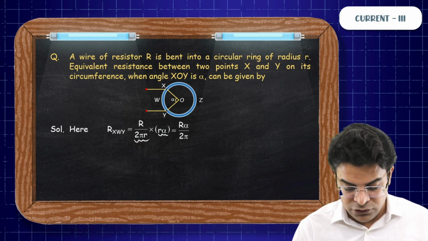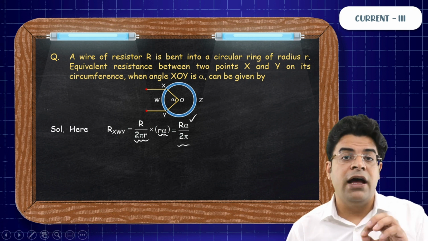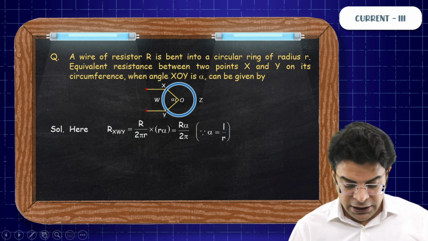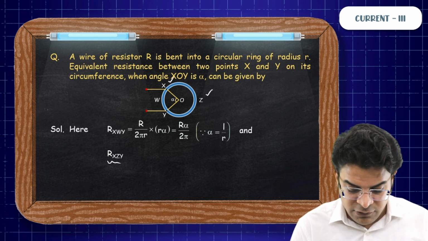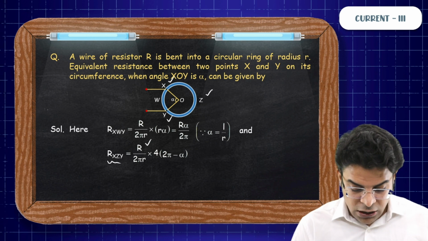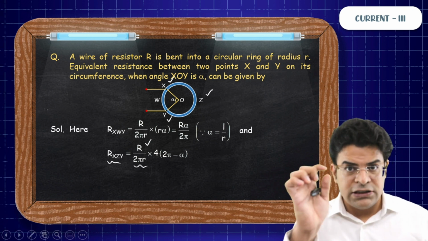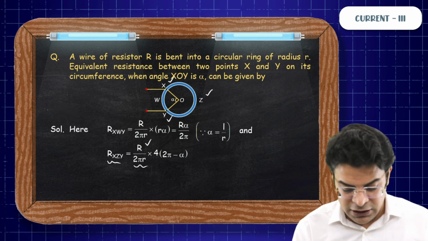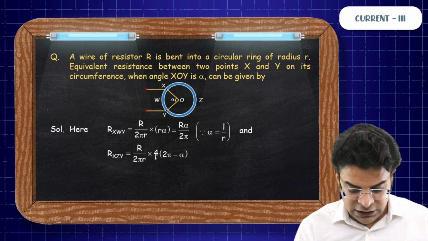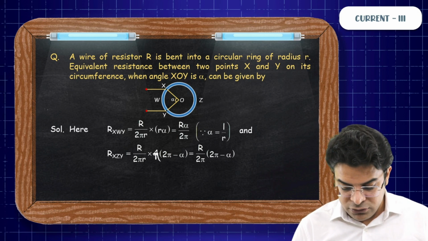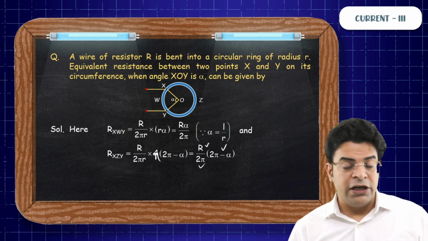So that gives you R alpha by 2 pi, which I have already said. Similarly, the resistance of the XZY part will be equal to R, resistance, upon 2 pi R, overall circumference, multiplied by R into 2 pi minus alpha. So that gives you R upon 2 pi into 2 pi minus alpha.